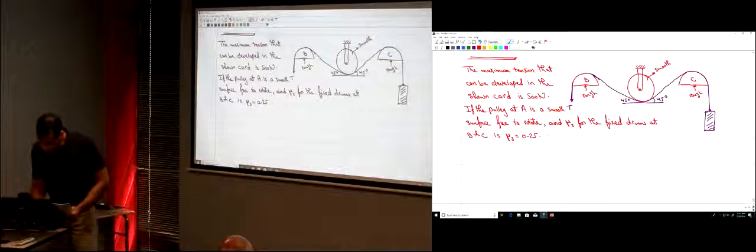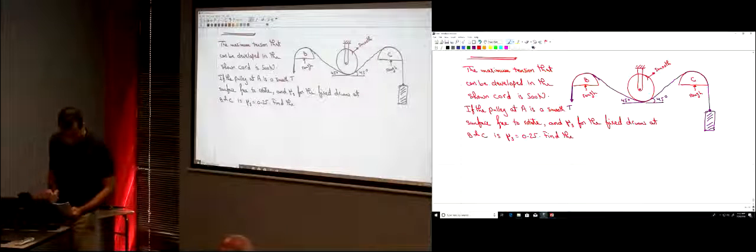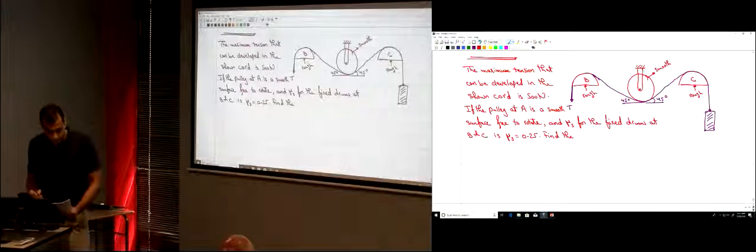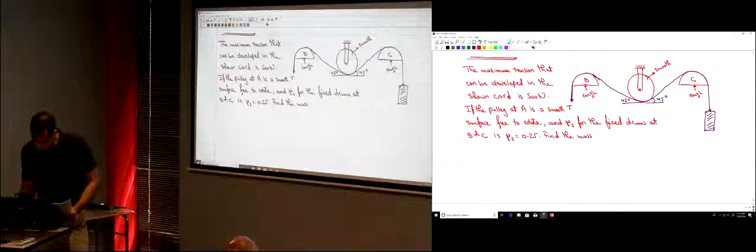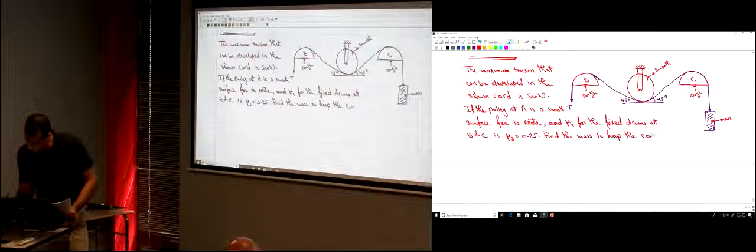We're required to find the mass here, this mass, okay, that we're talking about, to keep the chord in equilibrium.